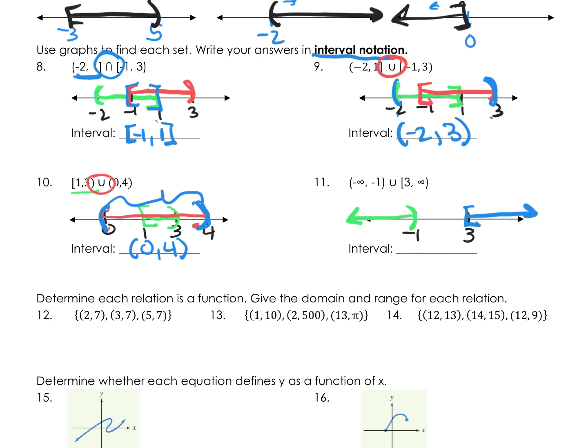So the answer is what we started with originally: -infinity to -1, union 3 to infinity.